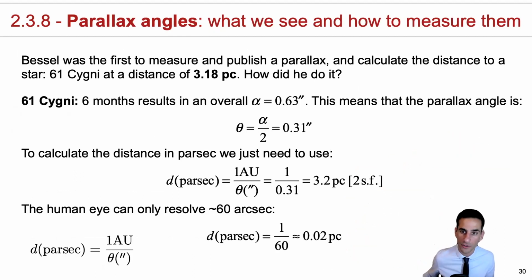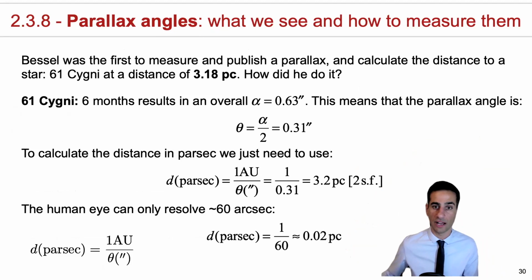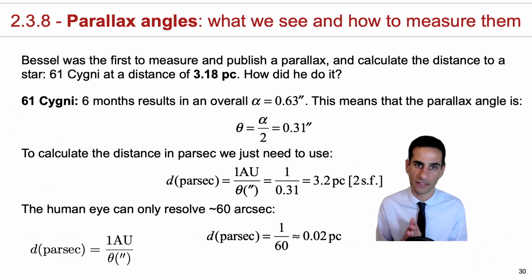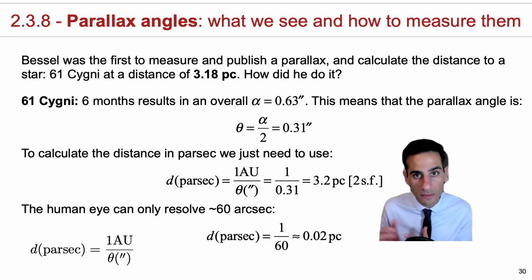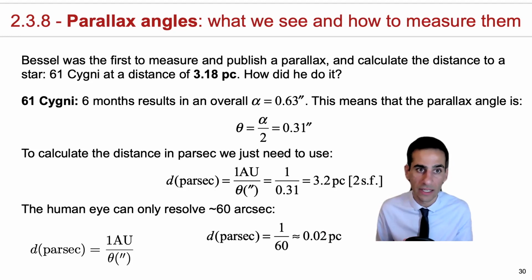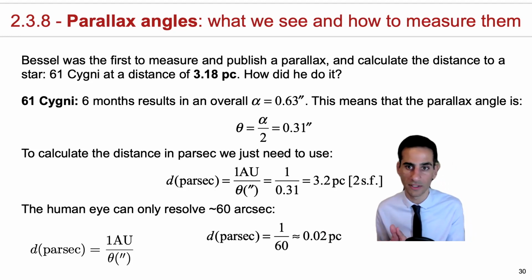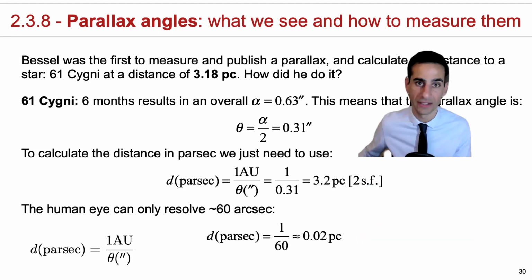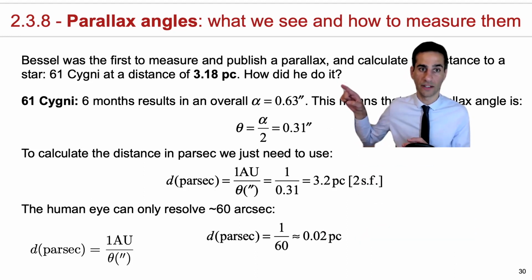In your lecture notes, you also have a few examples of how you actually compute these parallax distances given the parallax angle, and also with the first example. So Bessel was the first to measure and publish a parallax angle, and he measured it actually not for Proxima Centauri, but for 61 Cygni, which is at a distance we know now of 3.18 parsec that you can see right here.